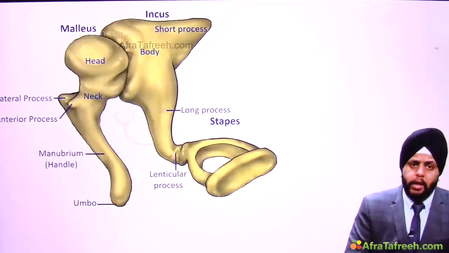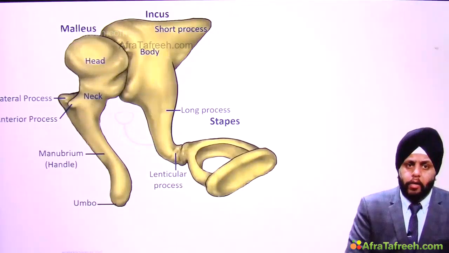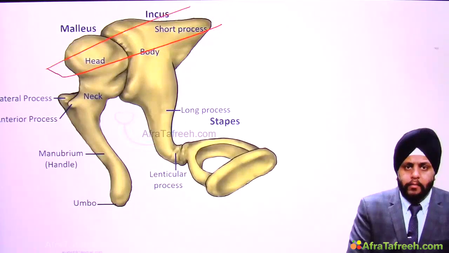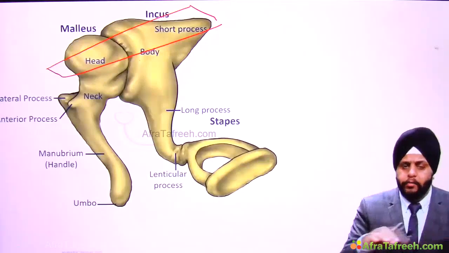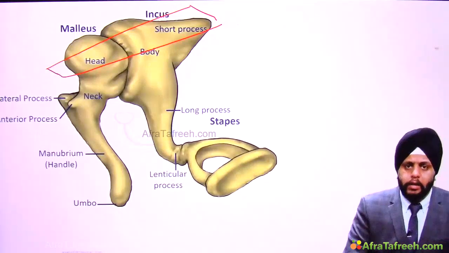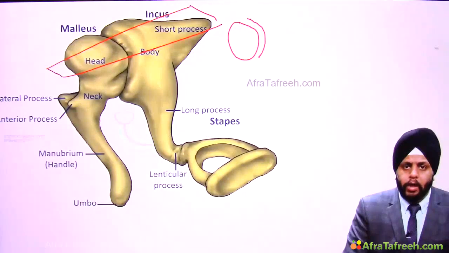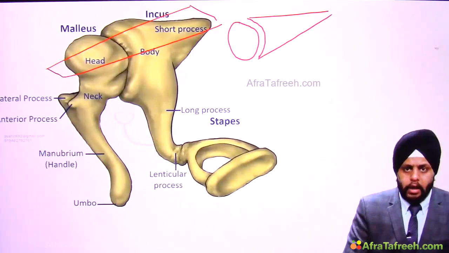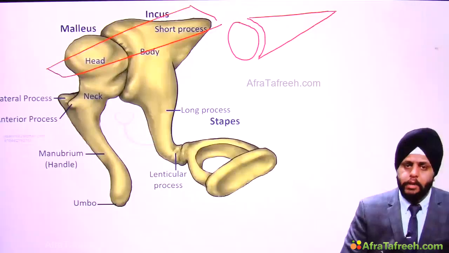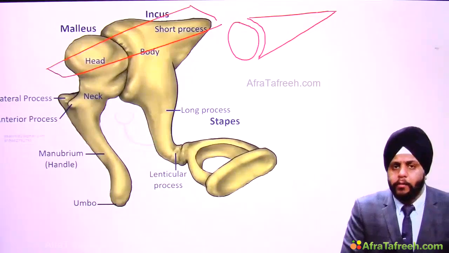Now, if I take an axial cross section at this place, so I'm cutting it like this, you can see that my cross section will show me the ossicles in the form of an ice cream cone.